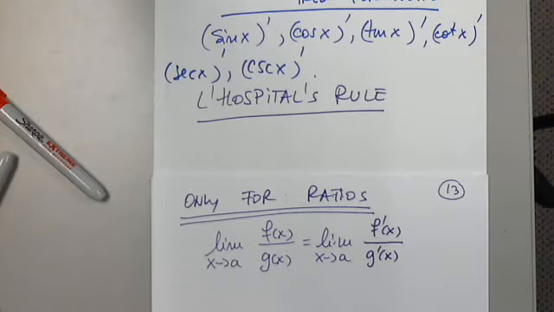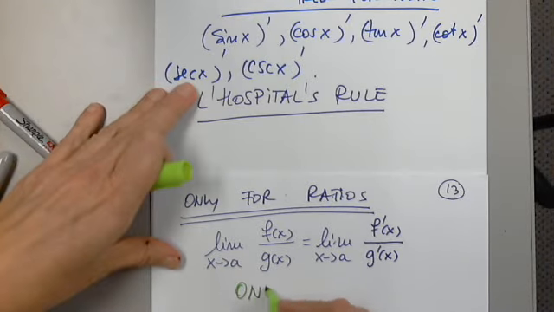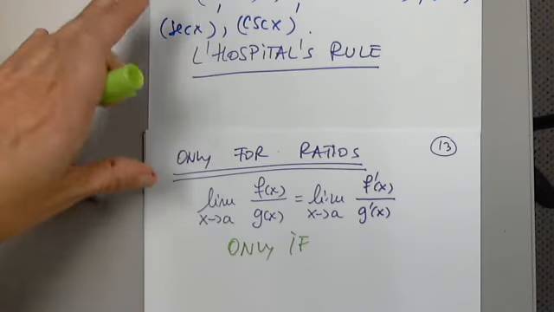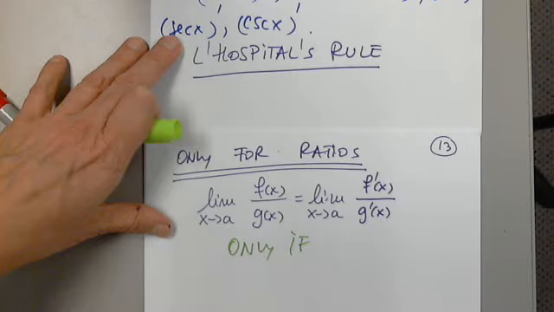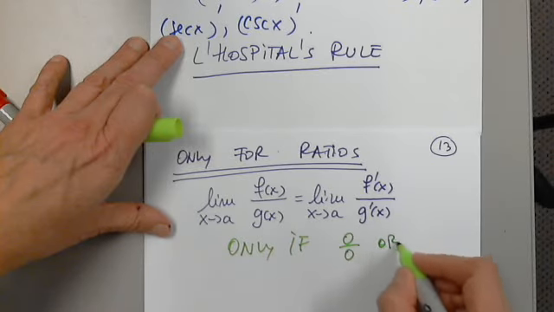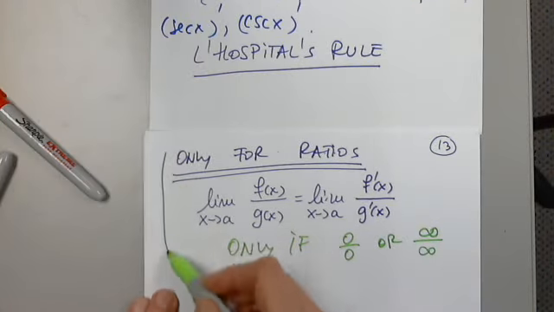So this is a rule that says that if you have the limit as x approaches a, and you have to determine from a ratio, only for ratios, you can go ahead and do this, only this one time, but only if there is an indeterminate case of 0 over 0 or infinity over infinity. In no other case this can be done. Only if we have 0 over 0 or infinity over infinity.